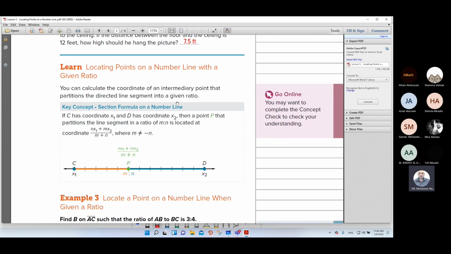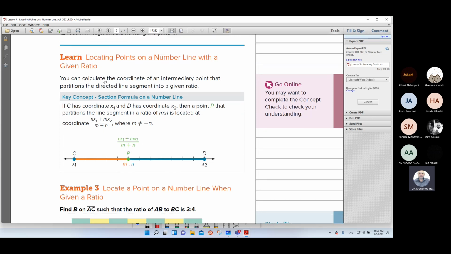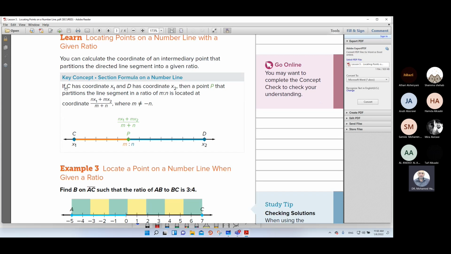The second idea: locating a point on a number line with a given ratio. You can calculate the coordinate of an intermediary point that partitions the directed line segment into a given ratio. Suppose here we have C with coordinate x1, and D with coordinate x2.